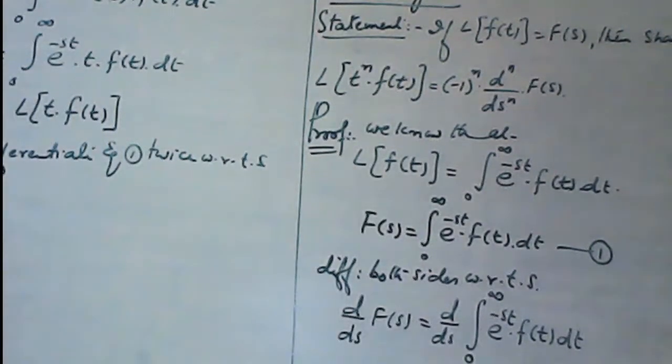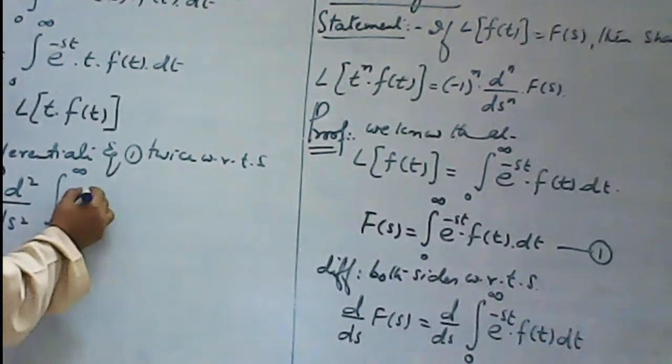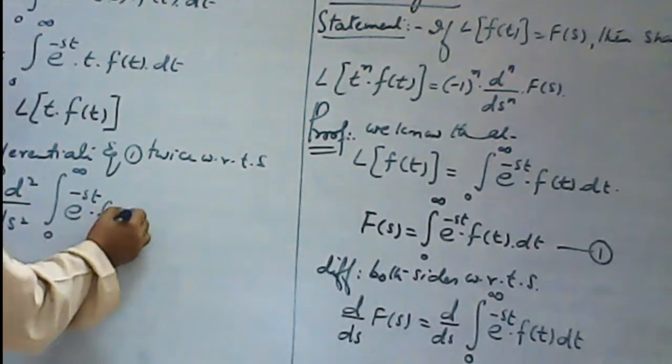We will have d2 upon ds square of function of s on the left hand side, and on the right hand side we have d2 upon ds square of integral 0 to infinity e power minus st f of t dt.